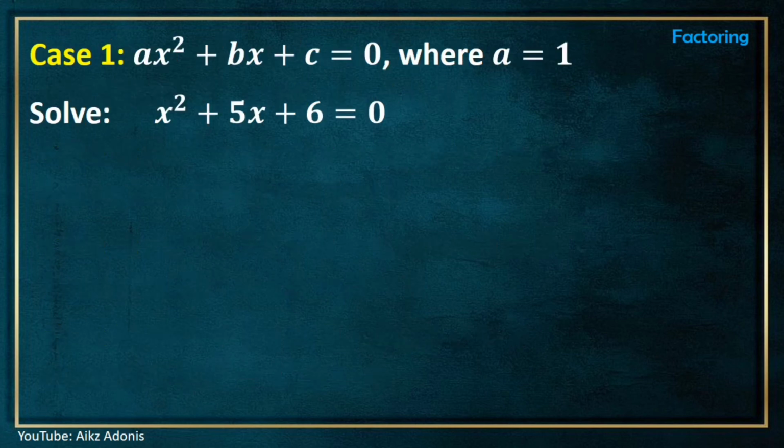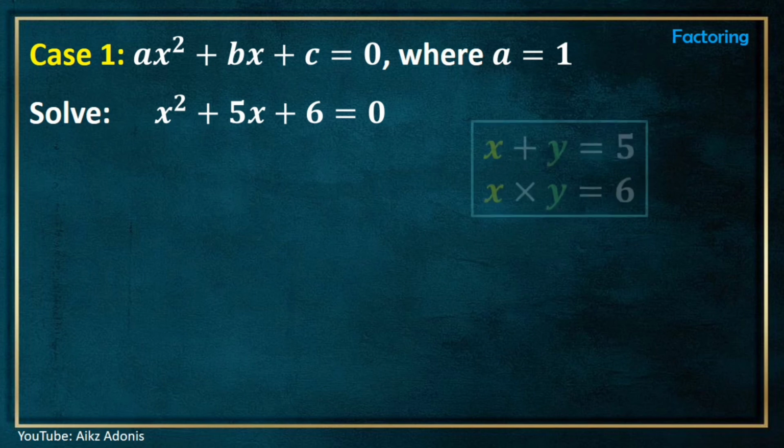Now, let's solve the given example in case 1, where a is equal to 1. To solve this equation, x squared plus 5x plus 6 equals 0 by factoring, you need to think of two numbers whose sum is b or the middle term and whose product is c or the constant term.